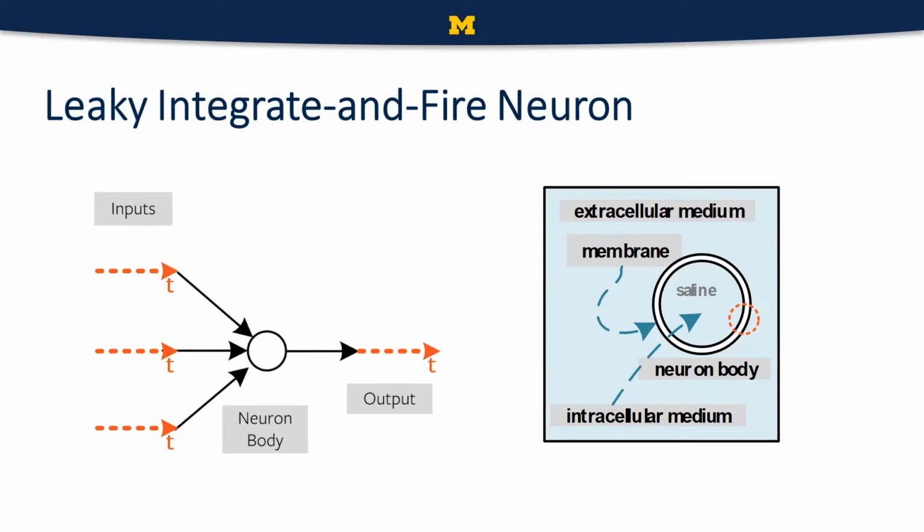But this individual simplified neuron body, what is it? We've got an ionic saline solution on the inside, and a thin insulating bilipid membrane layer that protects that interior from the exterior ionic solution. So you've got a conductive solution on the inside, a conductive solution on the outside, with an insulator in between.